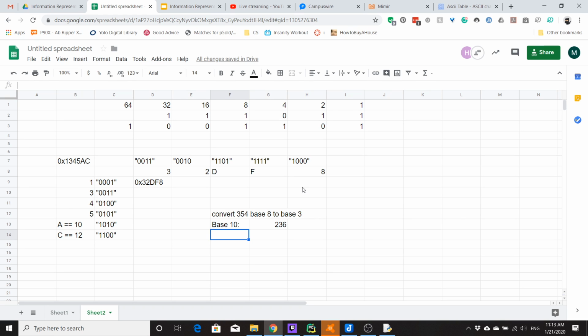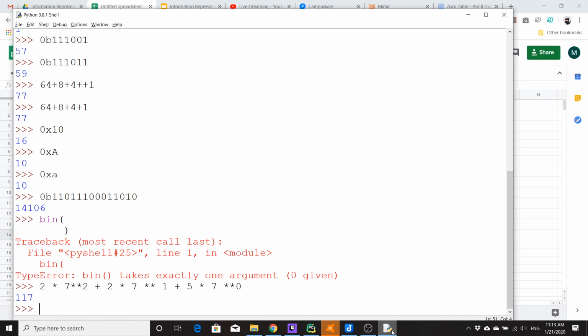So when we convert to the new base, how do we do that? First step is to do the division, 236 divided by 3.